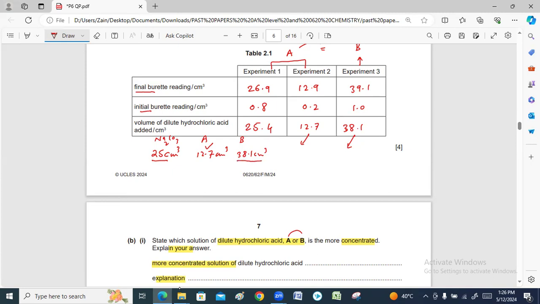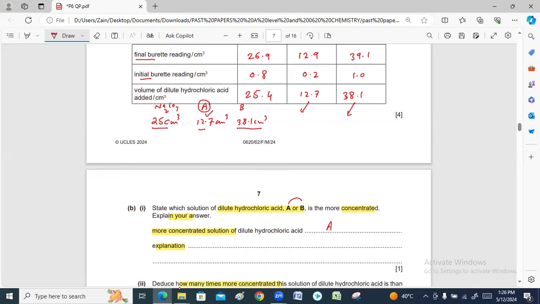So if we compare these volumes of A and B, we can see that the volume of A in experiment 1, which is needed to neutralize 25 centimeter cube of aqueous solution of sodium carbonate, is lower than B. It means that A is more concentrated. Why? Because less volume is required to neutralize 25 centimeter cube of sodium carbonate. So we can say that the more concentrated solution of the hydrochloric acid is A. It contains more particles of hydrogen ion. So what is the explanation?